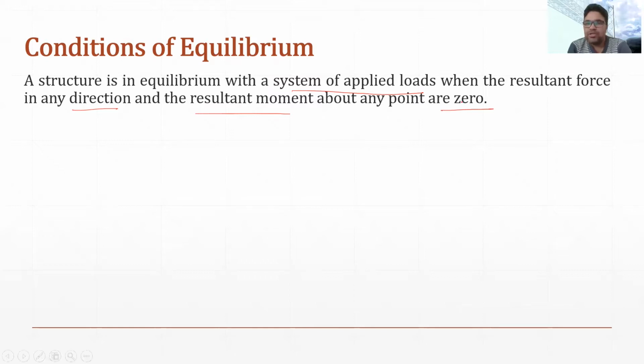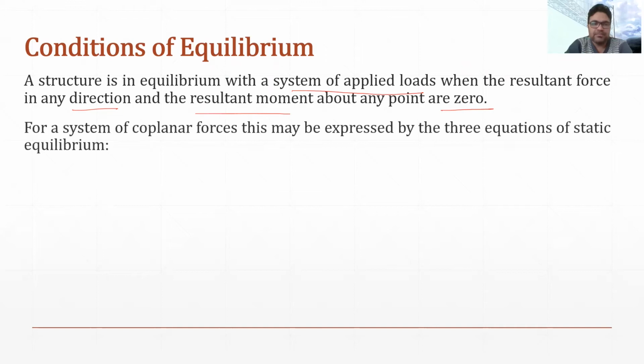So if a body is subjected to n number of forces, we will call that body in equilibrium when the resultant force in any direction and the resultant moment because of those forces are zero. Mathematically, we can represent that by the three equations of static equilibrium.